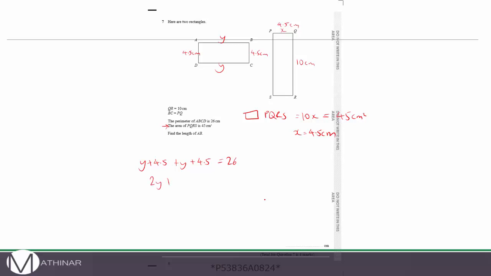This gives us 2y add 9 equals 26, which means that 2y is equal to 26 take away 9, 17, and y is 17 divided by 2, 8.5 centimeters. So find the length of AB. So length AB is y, so length AB equals 8.5 centimeters, and that will get you 4 marks.